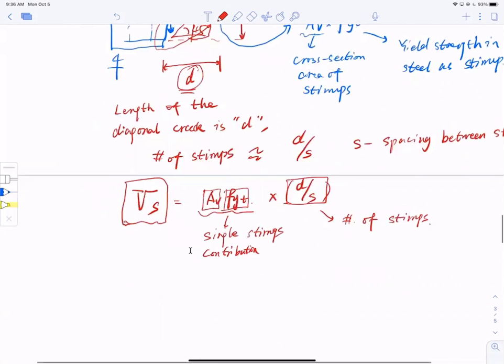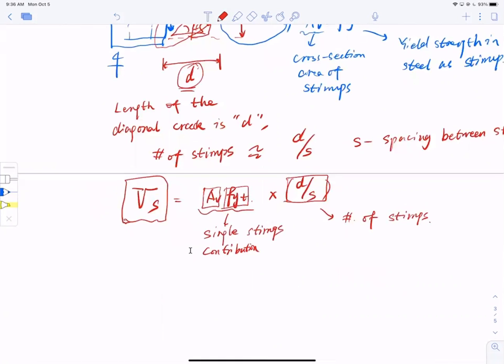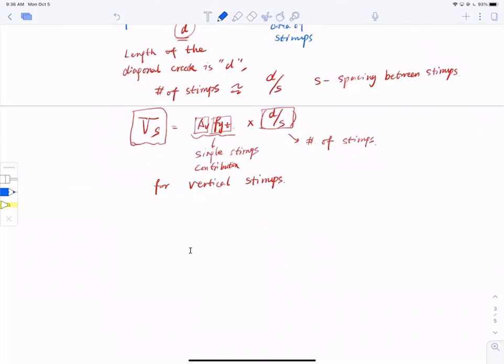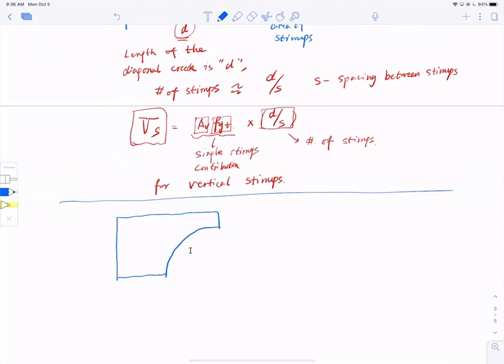So this is the equation for vertical stirrups. Sometimes I may have a section with an arrangement where the stirrup is not vertical. Here this is the longitudinal bar steel, and the stirrup usually is vertical, but sometimes I have inclined stirrups, meaning my stirrup sticks out like that, inclined.